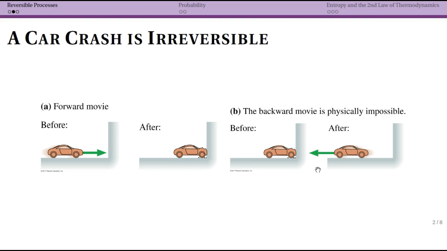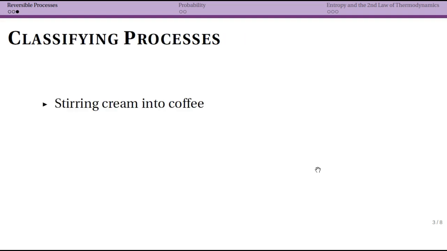So, simple definition. Let's go through some more examples and try to start seeing why we actually care about this. So the first example, which is a really nice example that there are many analogies to, is stirring your cream into coffee.